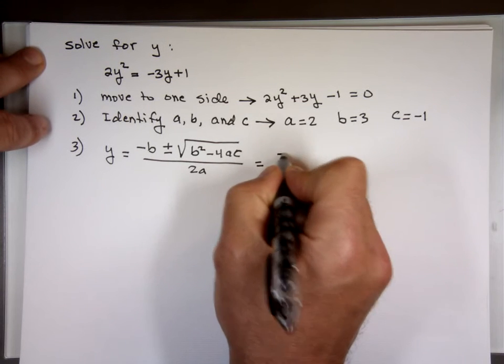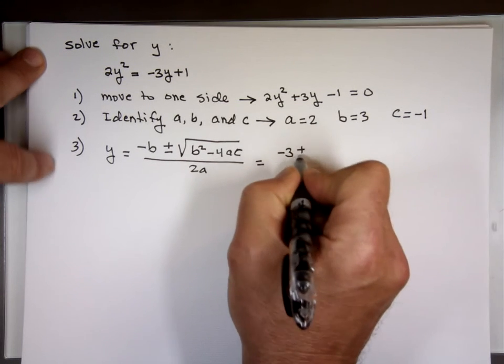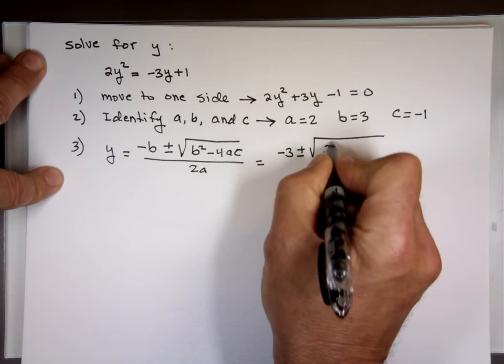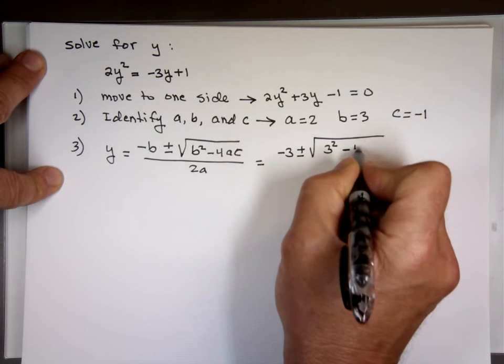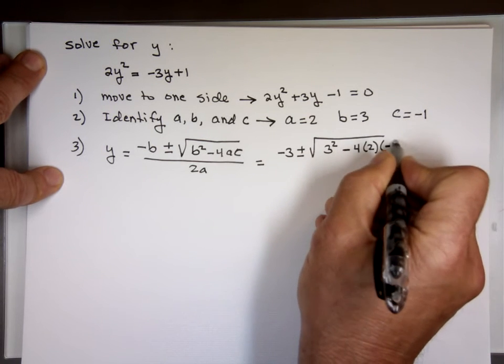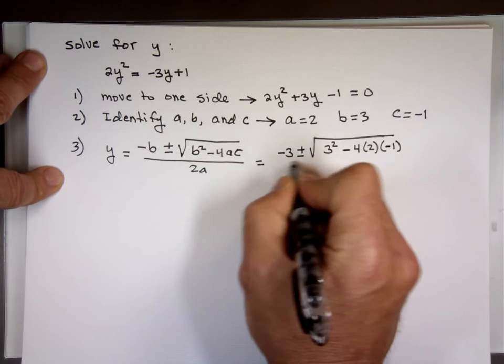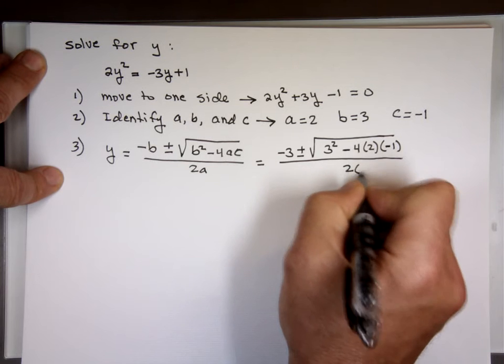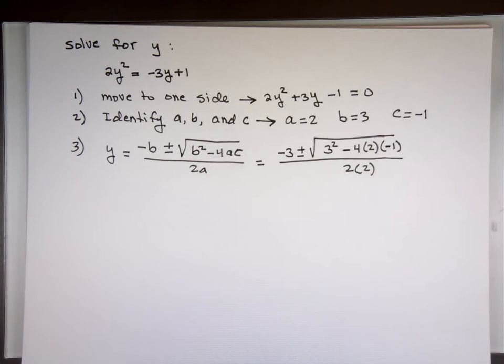Negative 3 plus or minus 3 squared minus 4 times a times c, all divided by 2 times a, which is 2 times 2. And now simplify that.